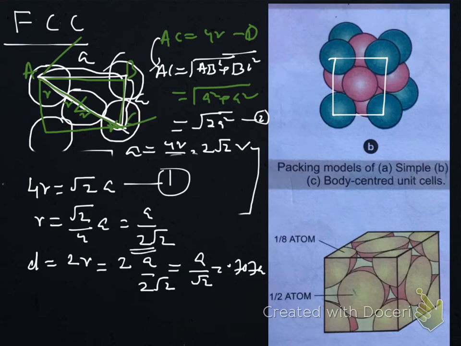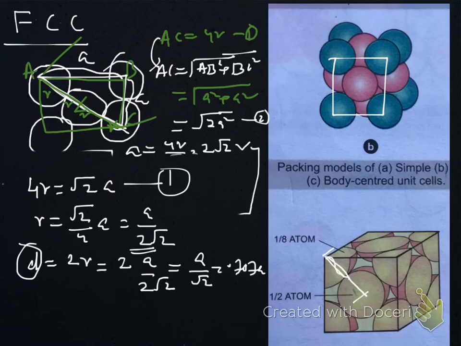That is the relation between edge length and radius. Then nearest neighbor distance d is double this distance.